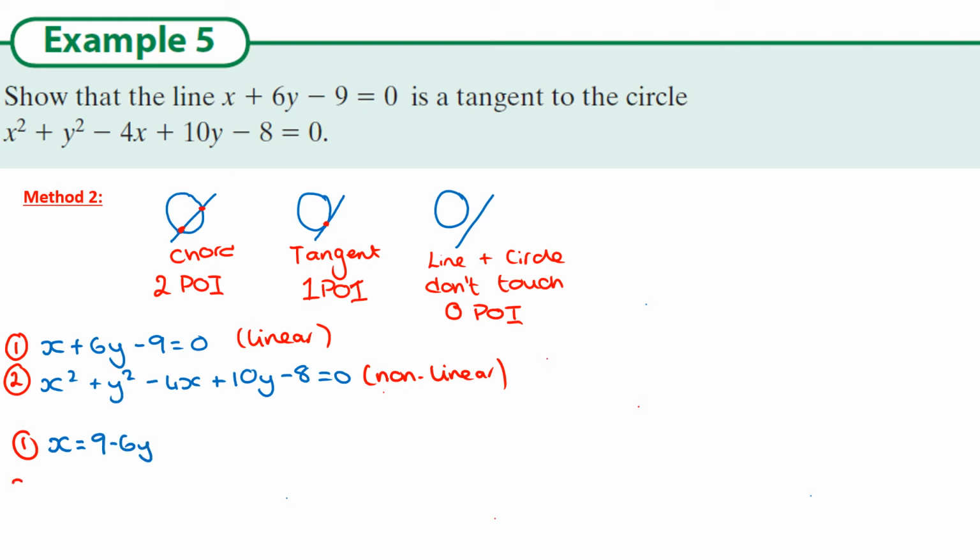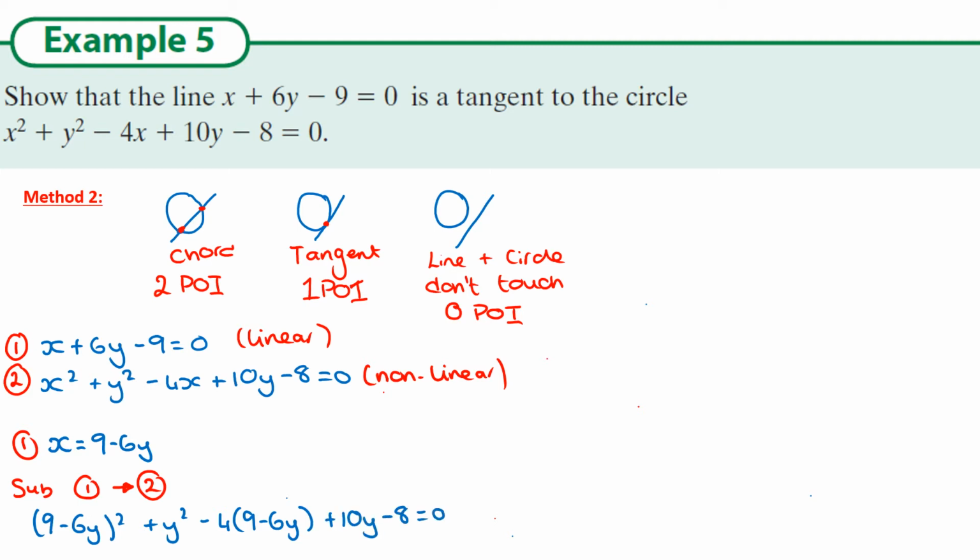I'm now going to sub 1 into 2 now that I've isolated my x. So we get (9 minus 6y) squared plus y squared minus 4 times (9 minus 6y) plus 10y minus 8 equals 0. And we're going to keep working with that.